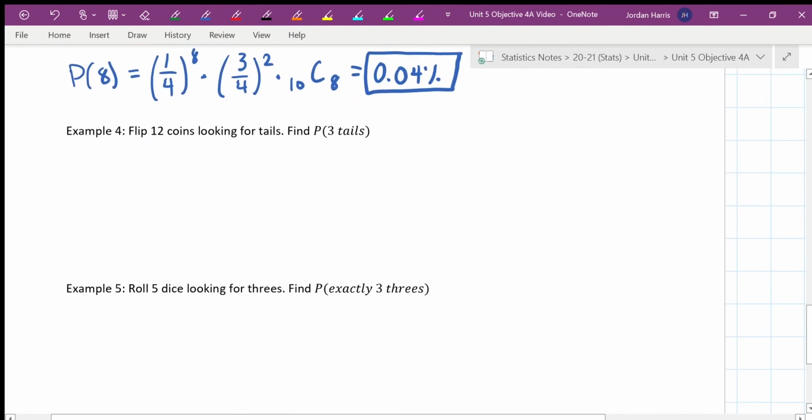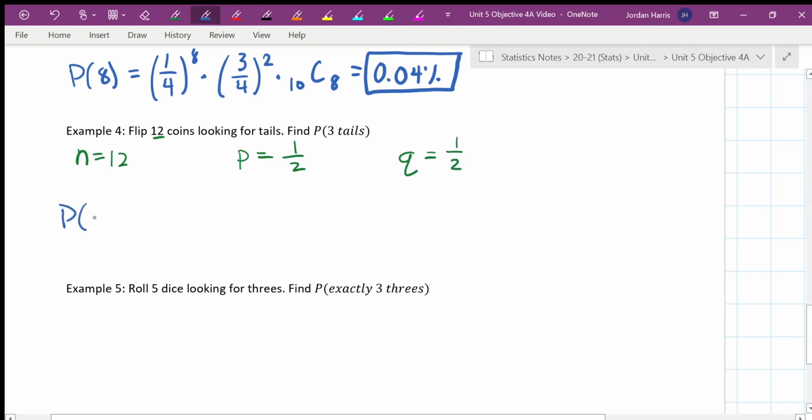Now we're flipping coins. So the first thing you need to recognize that you need to do first here, n, p, q. n is the number of trials. I'm flipping 12 coins, 12 trials. Success, what's the probability of getting tails? 1/2. Failure, 1/2.